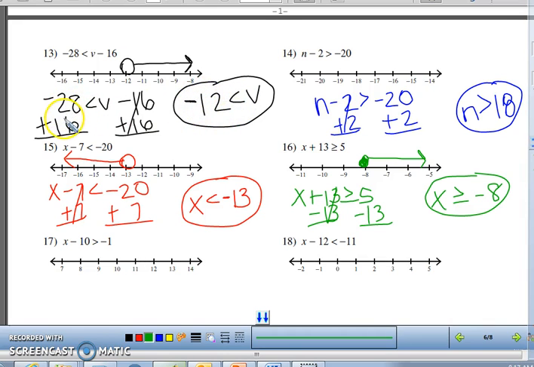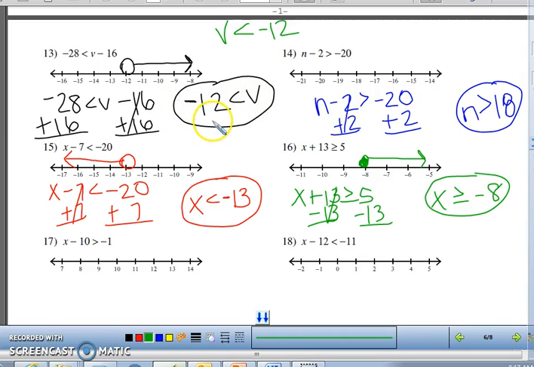Okay, because there is a difference between negative 12 is less than v, and v is less than negative 12. These would not mean the same thing. If you plugged in a number for v, they would not mean the same thing. So for example, up here, negative 13 is less than negative 12. But if I put negative 13 here, it would not make sense.